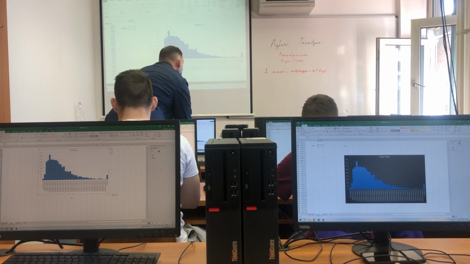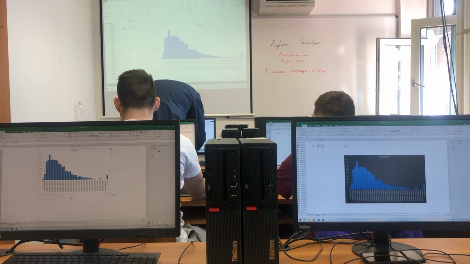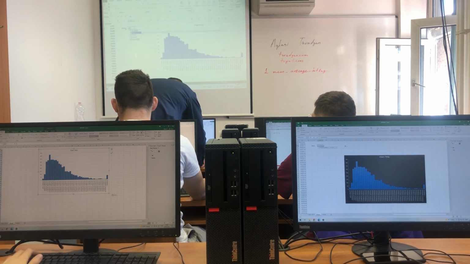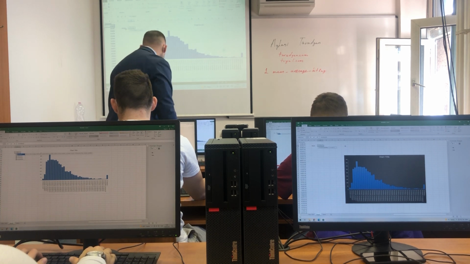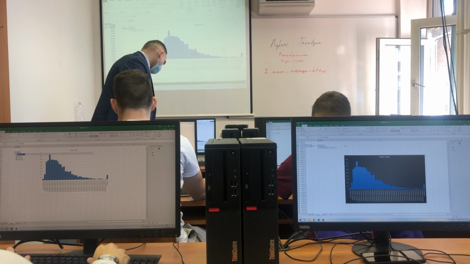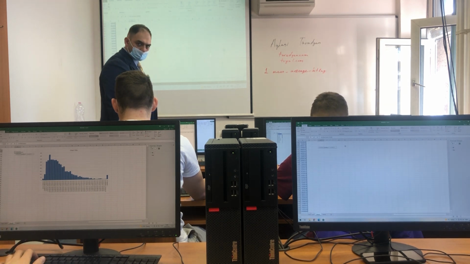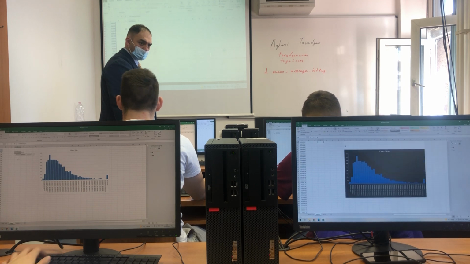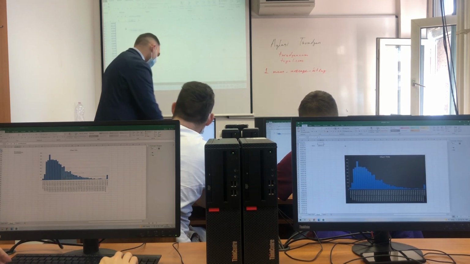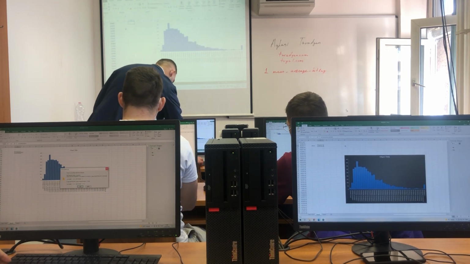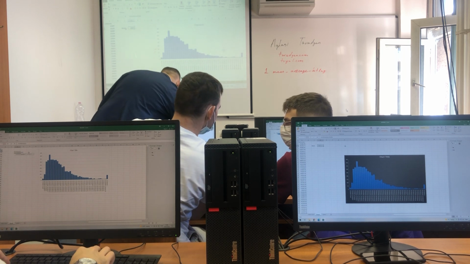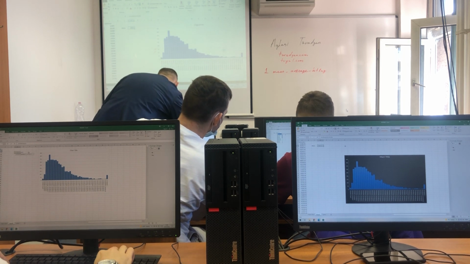Okay, I found it. Outlier. Where is outlier? Okay, outlier. And we are taking the first number. Control Shift down, Control Shift down and enter. And it has calculated the average value.